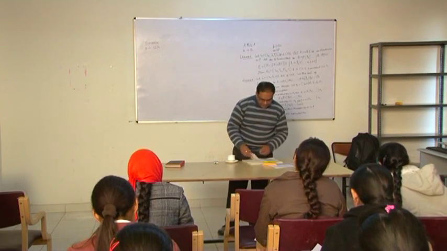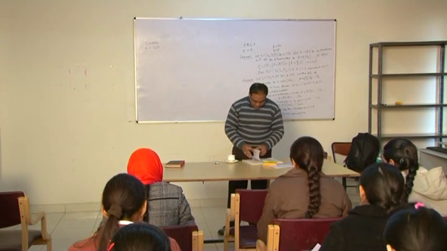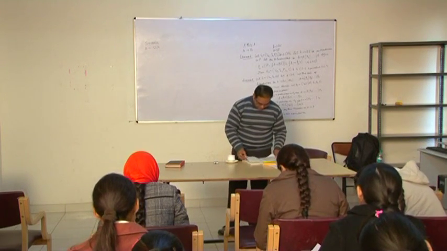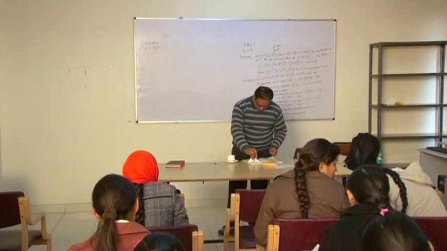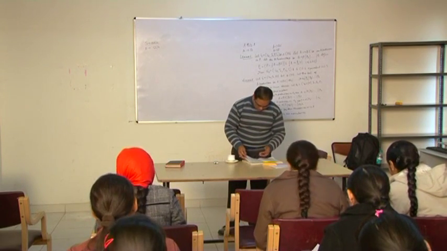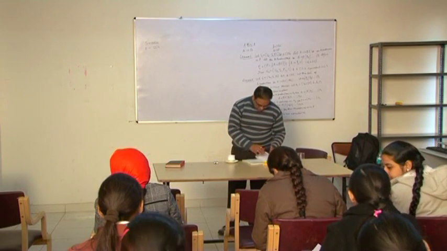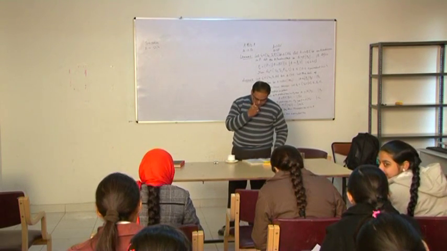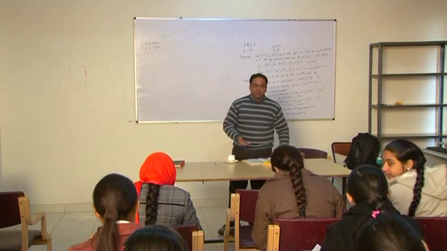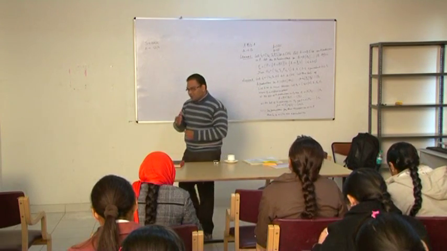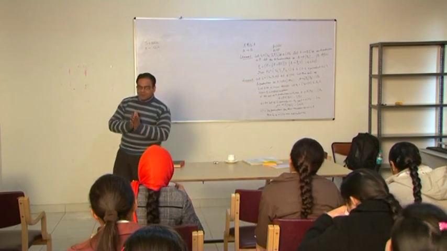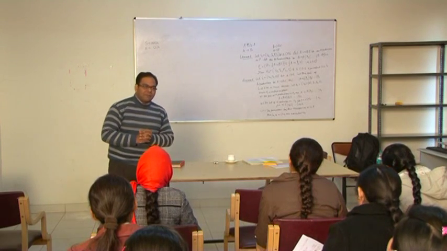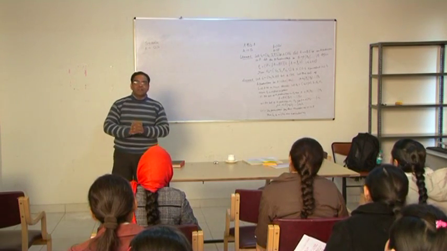So now we come back to the conversion example. Whenever we are writing the solution, the first point that you will write is that the given context-free grammar is already in Chomsky normal form.